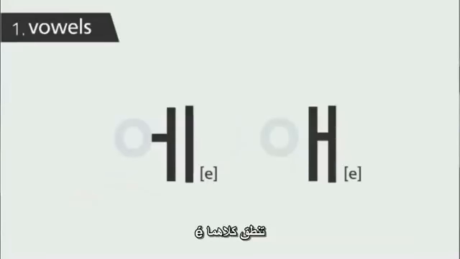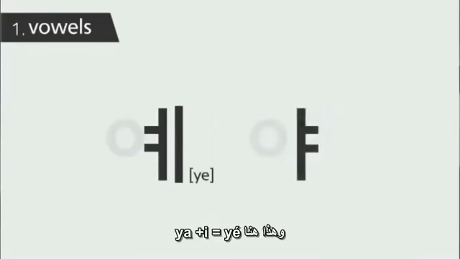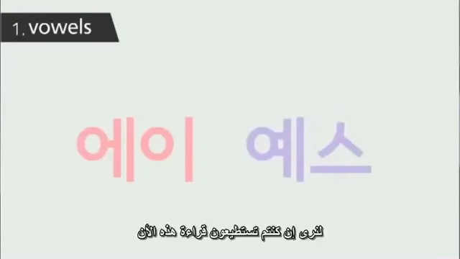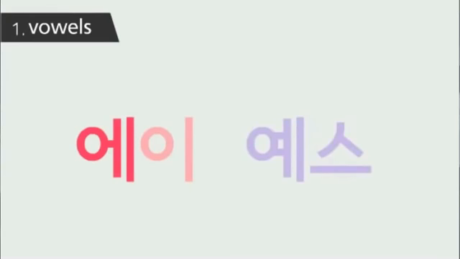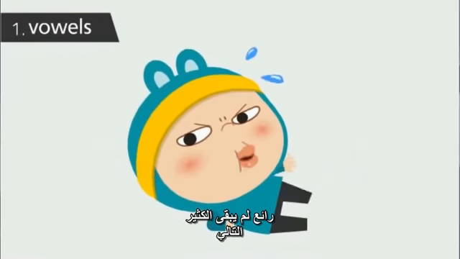You pronounce both A. This one here sounds yeah, which is combined with ya and E. And this one here is ya plus E, which is yeah. Again, they both sound yeah. Let's see if you can read them now.